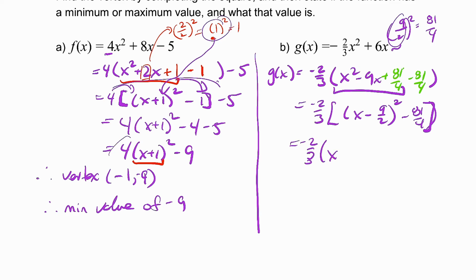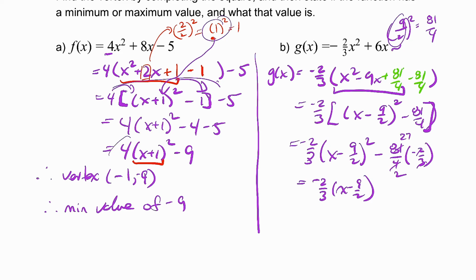So I get negative 2/3 times x minus 9 over 2 quantity squared, and then I'm just going to do the fraction arithmetic. So 81 over 4 times negative 2/3. Negative 81 times negative 2 over 3 reduces to 2, and then 81 divided by 3 is 27. So this becomes negative 27 over 2.